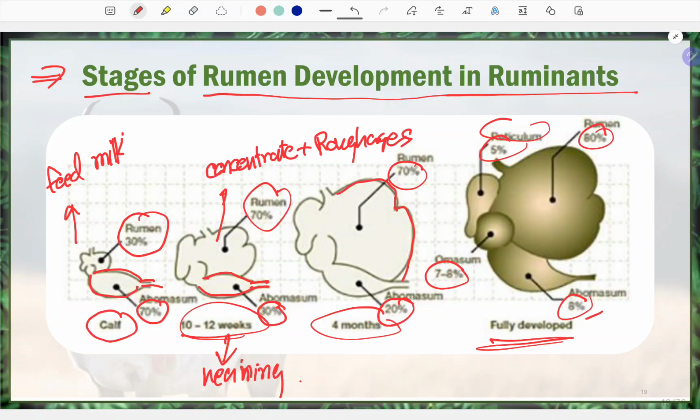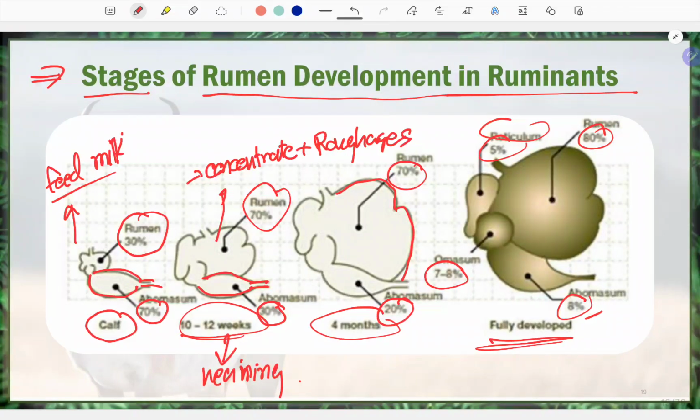So the rumen is not developed or biggest since a calf, but it needs to develop. It depends on the feed that the animal can eat.